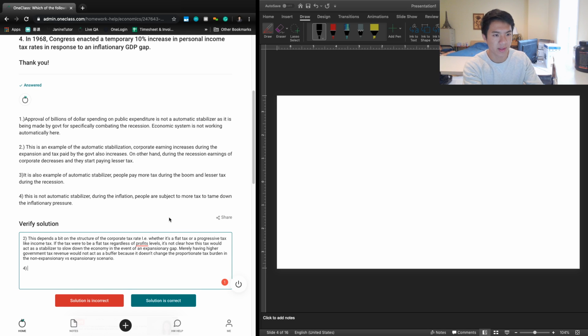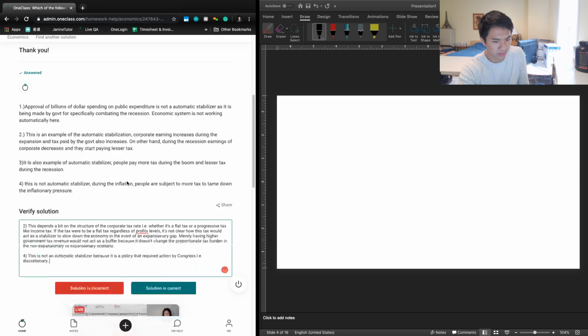I don't think this is an issue of whether or not they're subject to more tax. It's more so this is not an automatic stabilizer because it is a policy that required action by Congress, i.e. discretionary. And so that's going to be the reason.